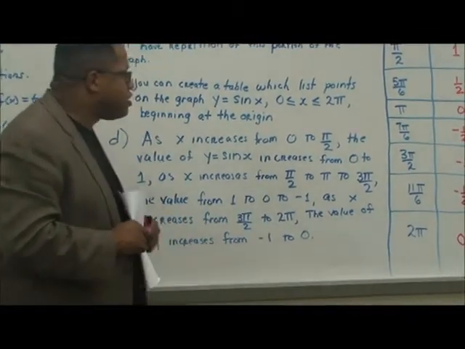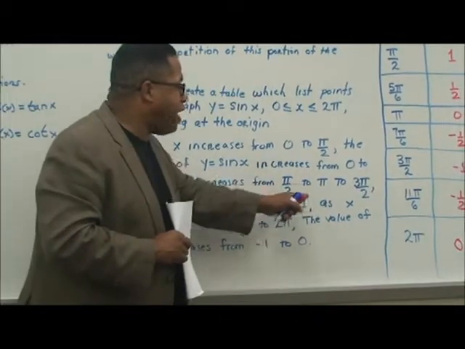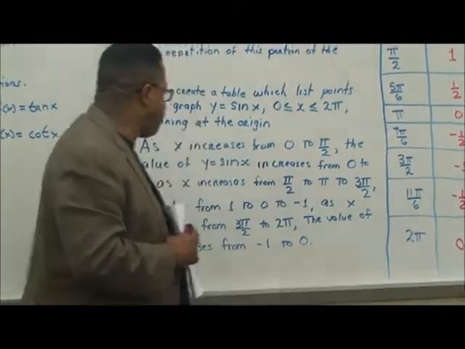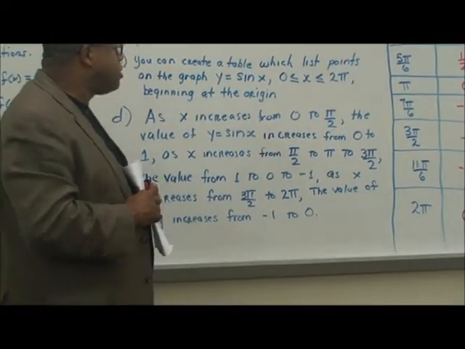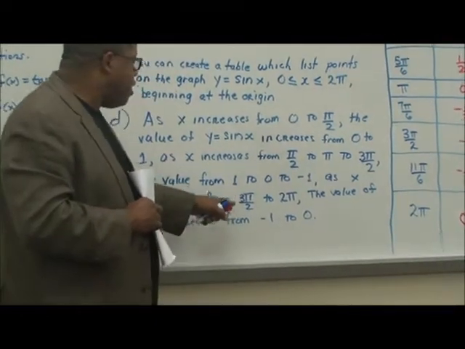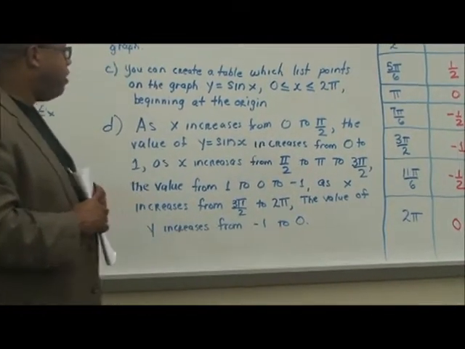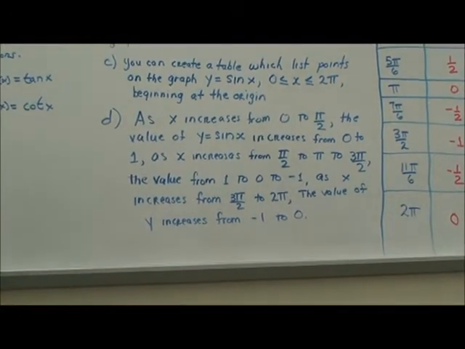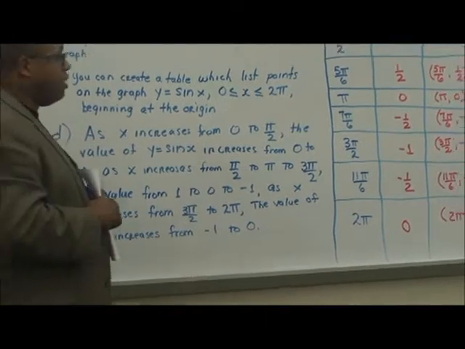As x increases from pi over 2 to pi to also what? To 3 pi over 2, the values go from 1 to 0 and 0 to negative 1. As x increases from 3 pi over 2 to 2 pi, the values of y increase from negative 1 to 0.